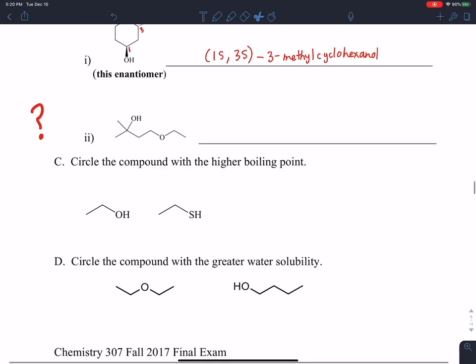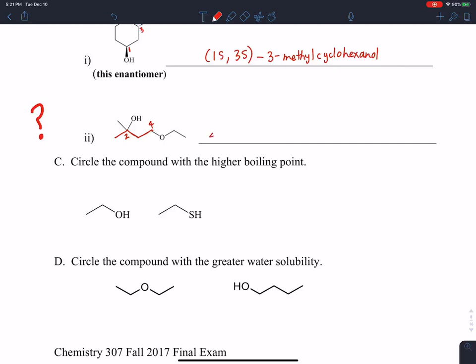Next one. Again, I don't know if you know how to name methoxy and ethoxy, but if you do, the main chain right here is considered to be this thing. That's just a butane, so I have a 2-butanol. This is considered my 2, and this is considered my 4.